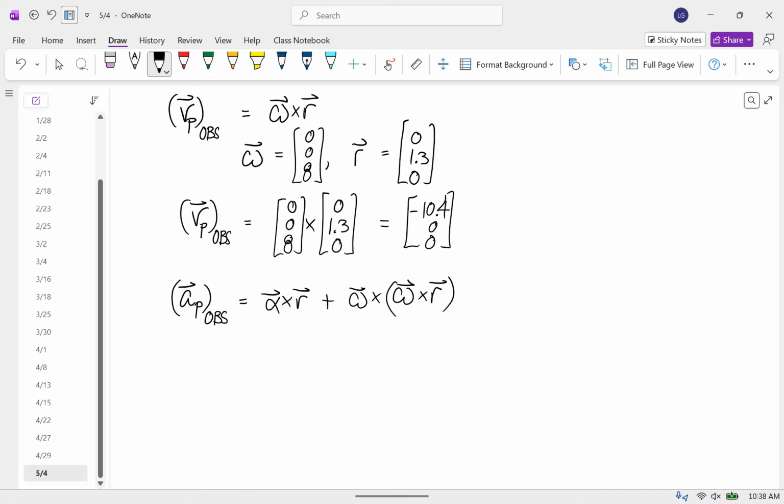That arm has a constant angular velocity, so this one's 0. And so this is 0, 0, 8 cross negative 10.4, 0, 0, which I already calculated, and it's 0, negative 83.2, 0.